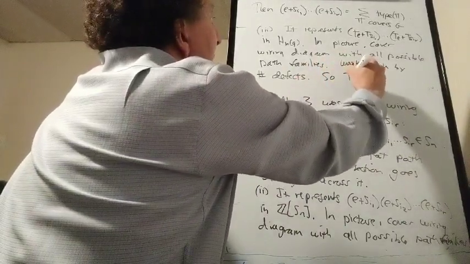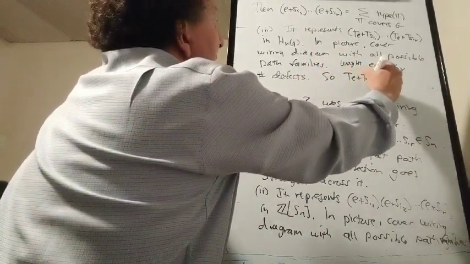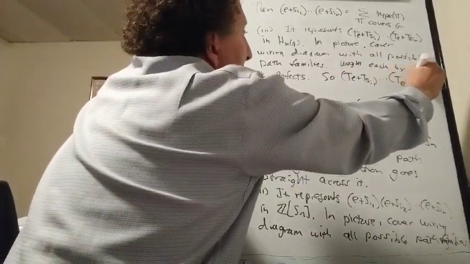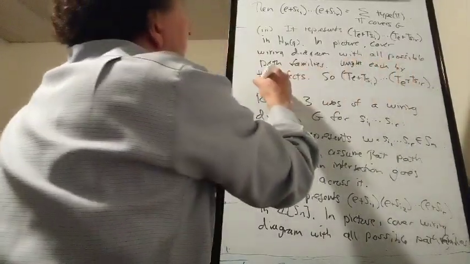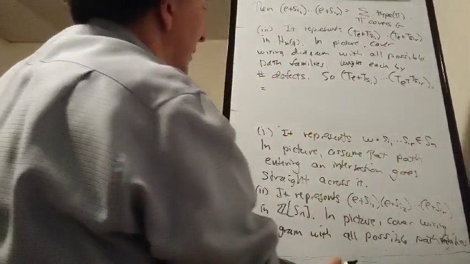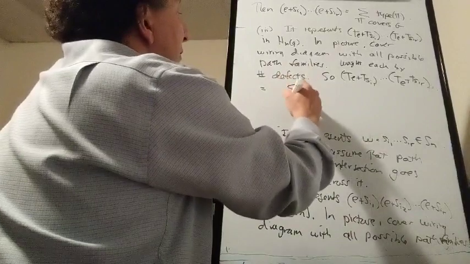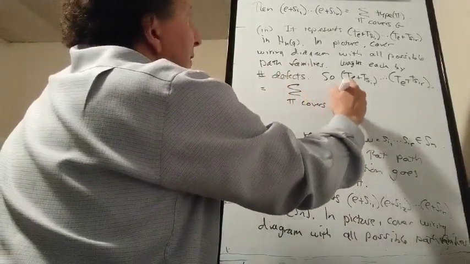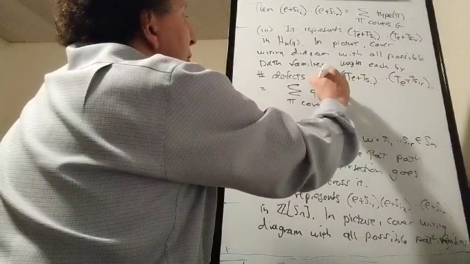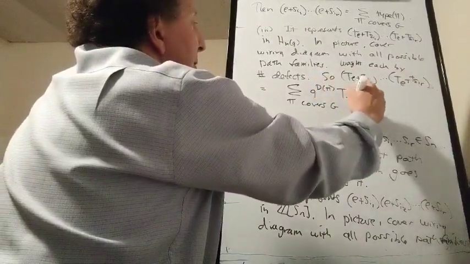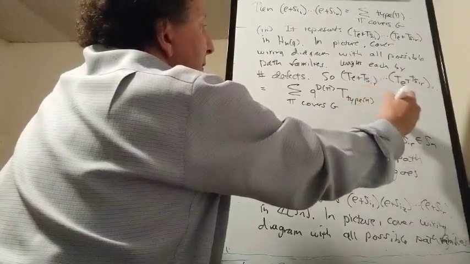So this product then equals a sum of all path families pi covering G, Q to the number of defects of pi times T sub type of pi.